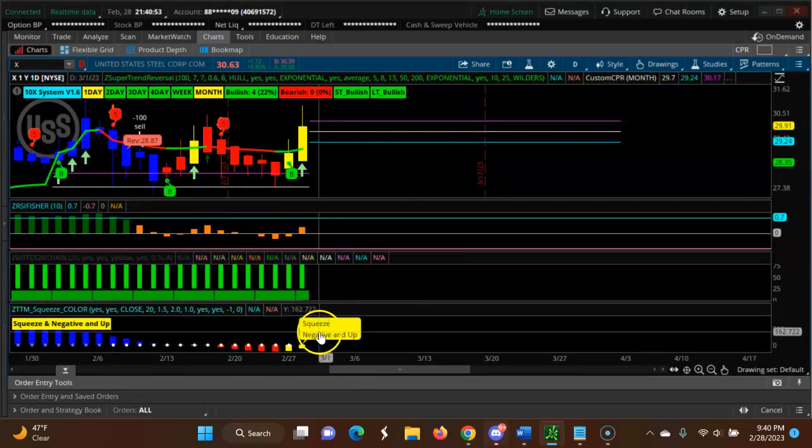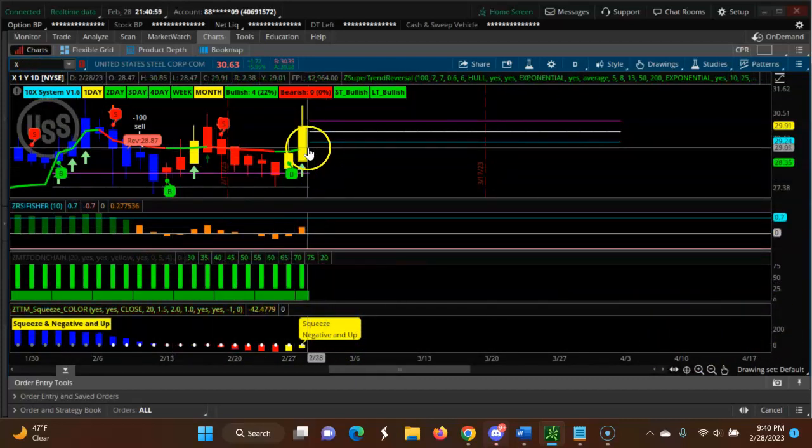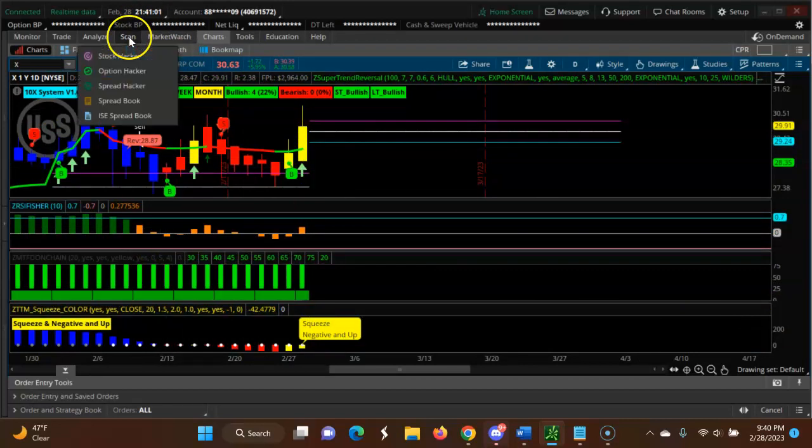Okay, squeeze, you can see is negative up. Okay, so it's squeezed also up. You can see the green candle. Okay, so now let's scan next one.